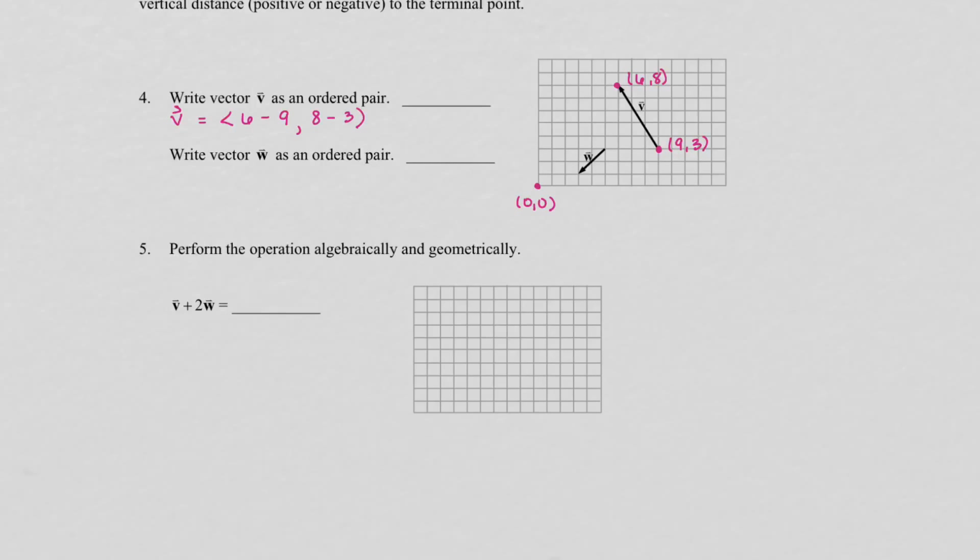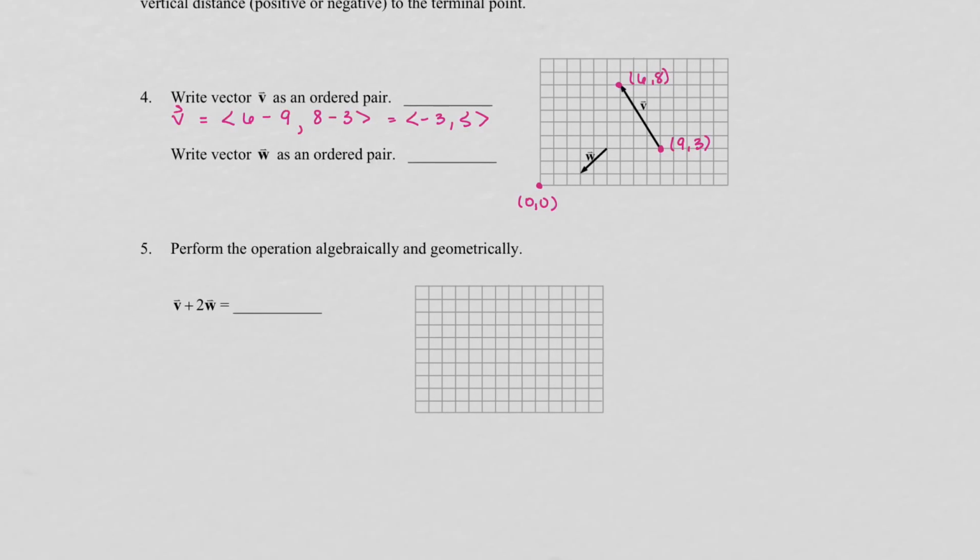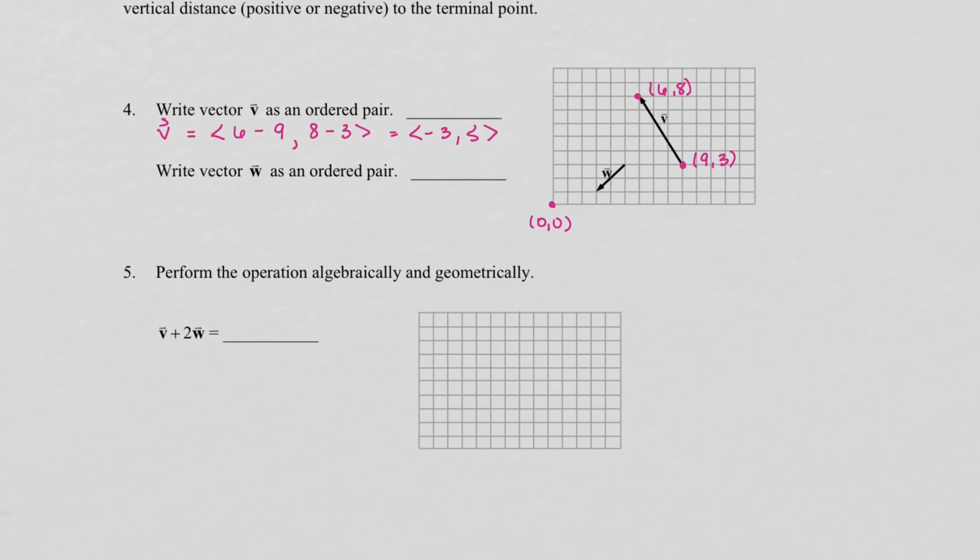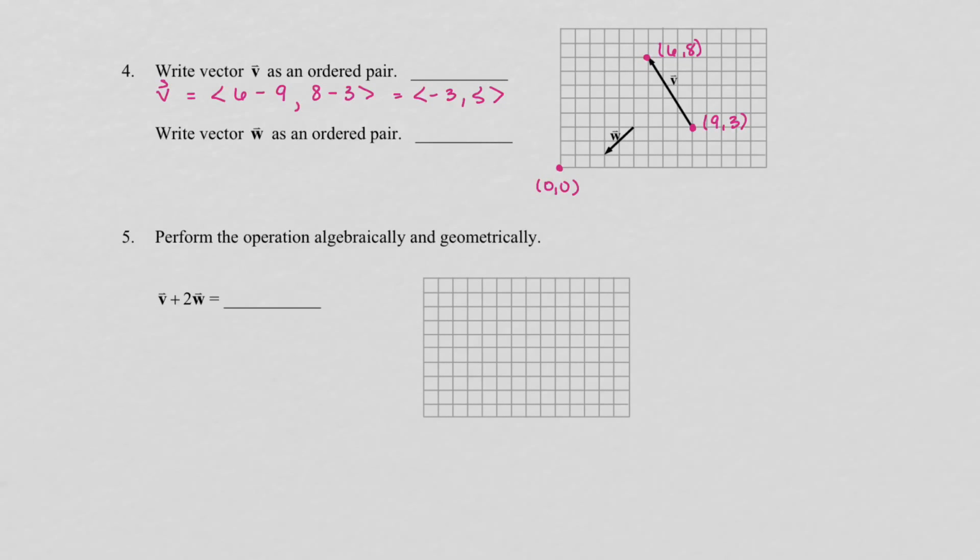Oop. It's supposed to be a chevron, guys. Like that. And when we simplify that, that is negative 3, 5. And so that is the vector v as an ordered pair. It's the vector v in component form.